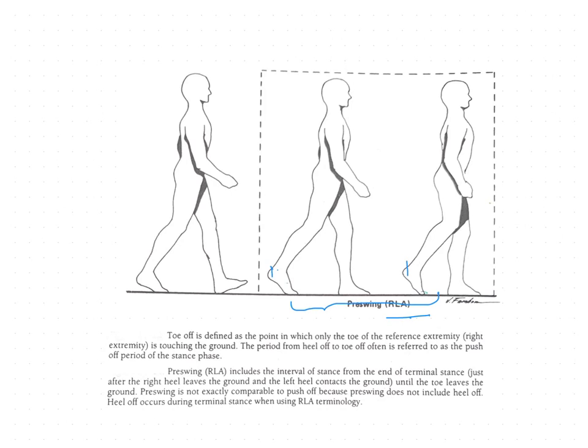In traditional, heel off is called as terminal stance and toe off is referred as pre-swing. Okay, and the subphases we have described in relation to RLA are heel strike phase or loading phase, mid stance phase, and push off phase.